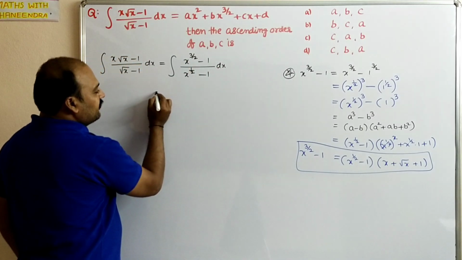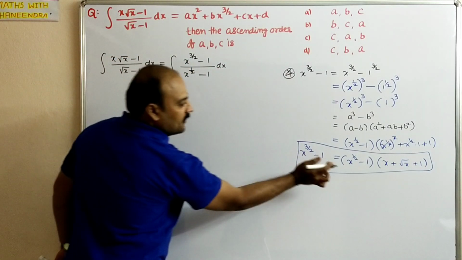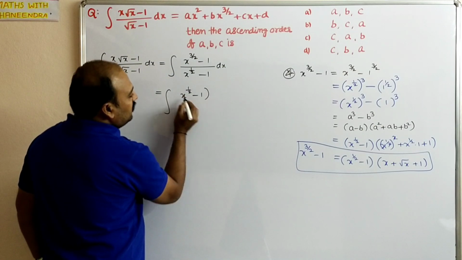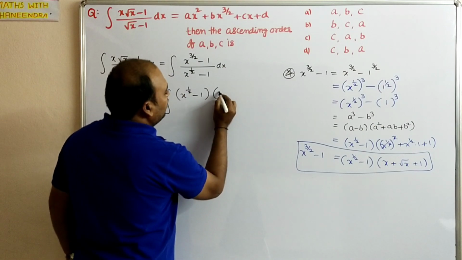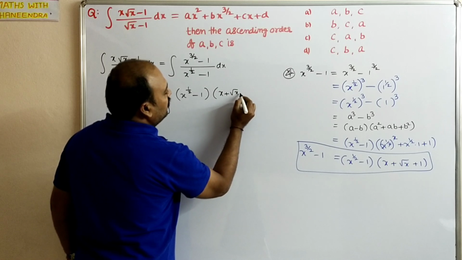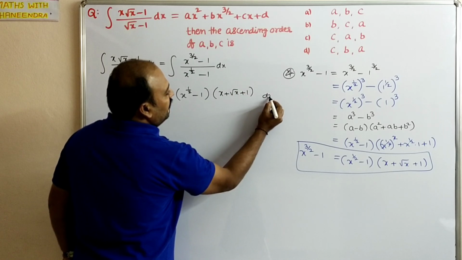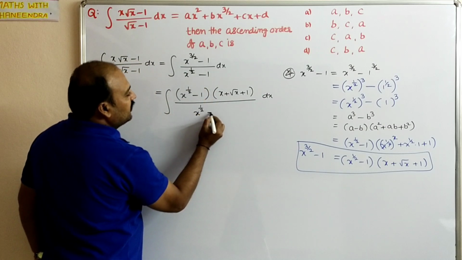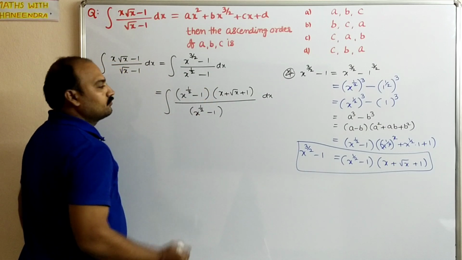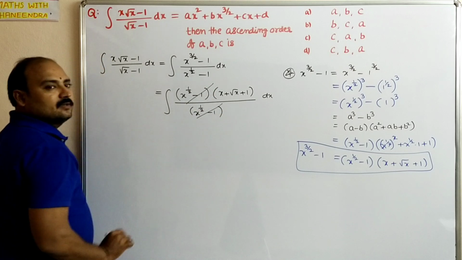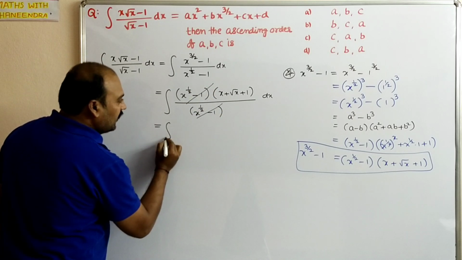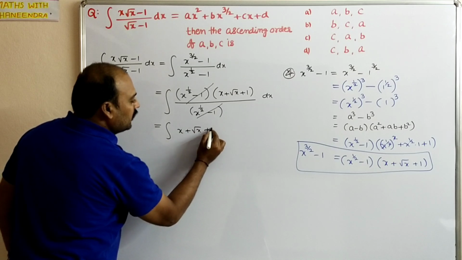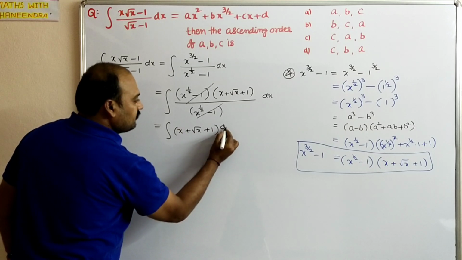So in place of the numerator, you can replace with this value: x power 1 by 2 minus 1 into x plus root x plus 1 into dx, divided by x power 1 by 2 minus 1. These two will be cancelled. Now integral of x plus root x plus 1 into dx.